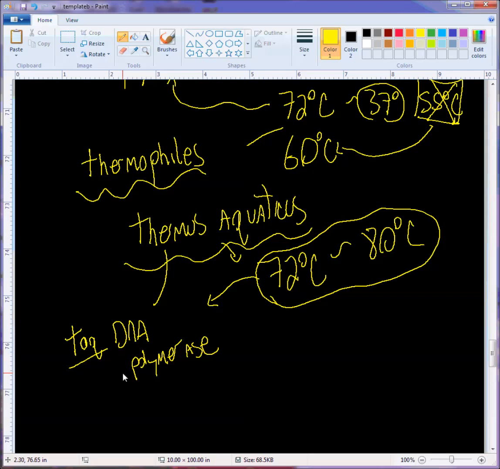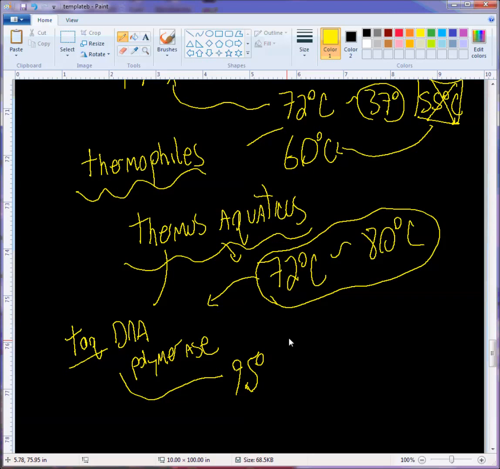So this polymerase can survive at 95 degrees Celsius. It's not going to function at 95 degrees Celsius, but it doesn't break down rapidly. It can survive, I think, up to like 20 or 30 minutes at 95 degrees Celsius, and it can still function.